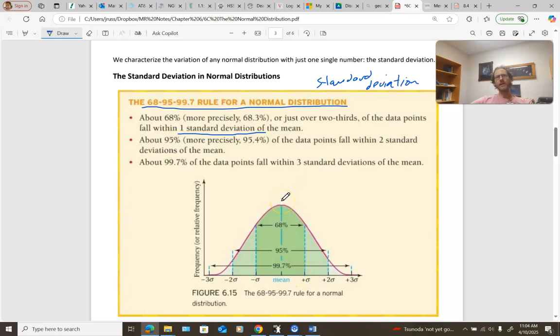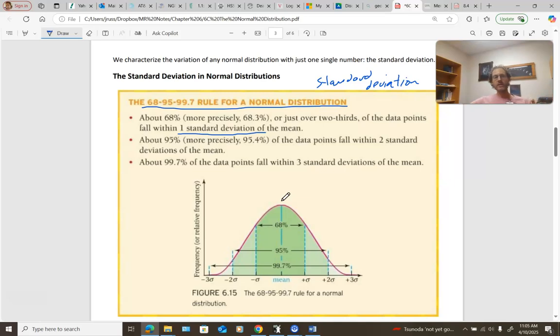Let's say that the average IQ is 100, and the standard deviation, or the measure of variance in a data set that consists of IQ scores, is maybe 15. If the standard deviation is 15 and the mean is 100, then one standard deviation above the mean would be 115. One standard deviation below the mean would be 85.